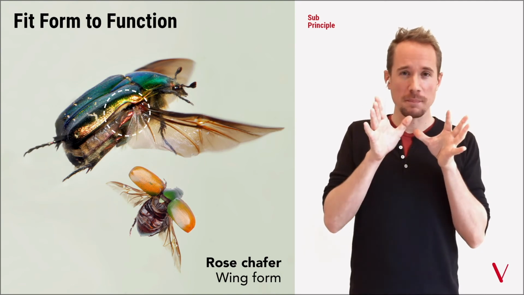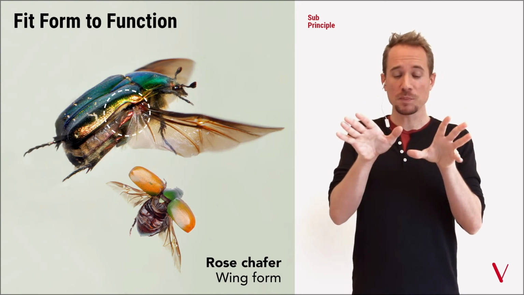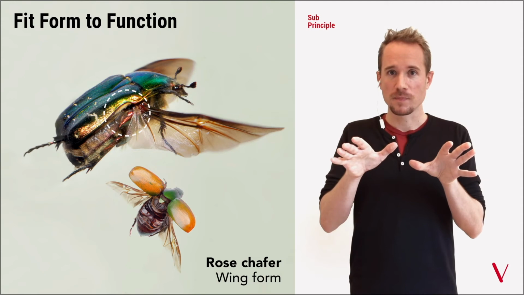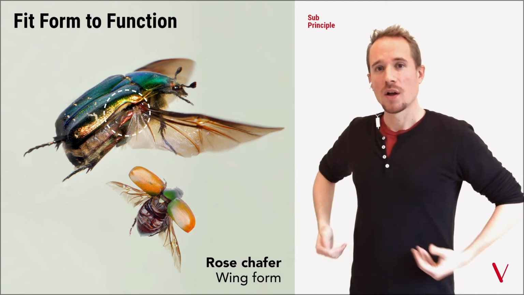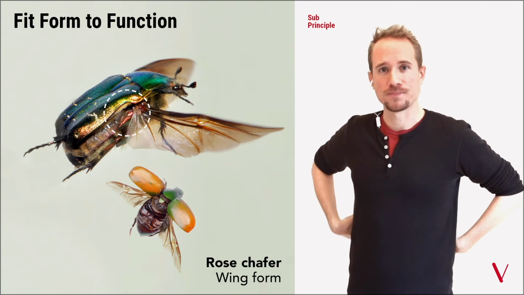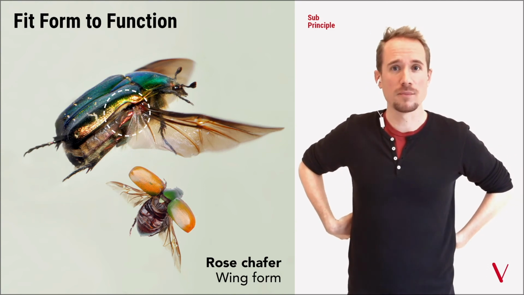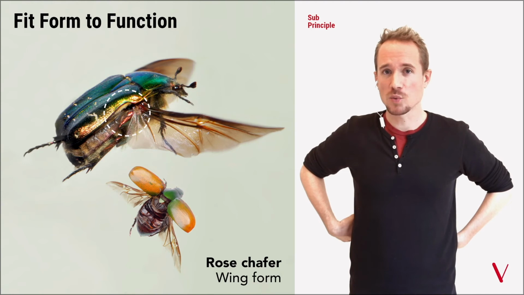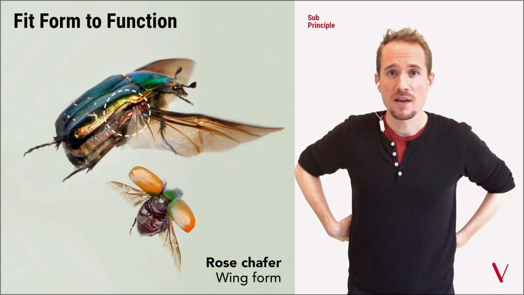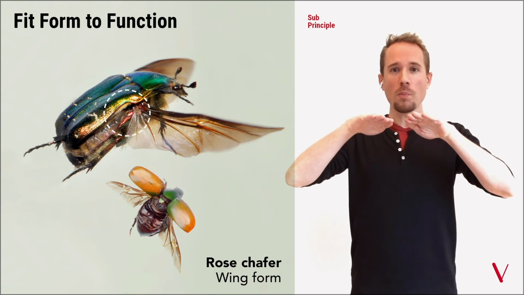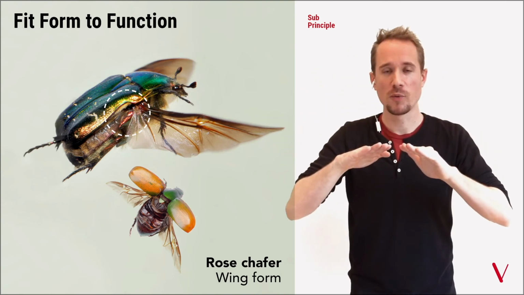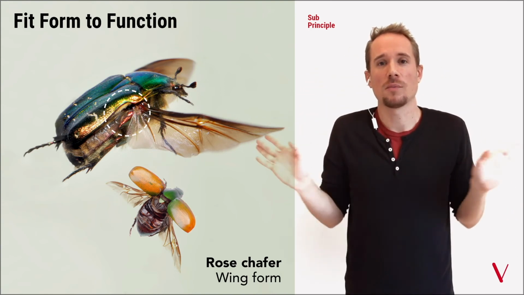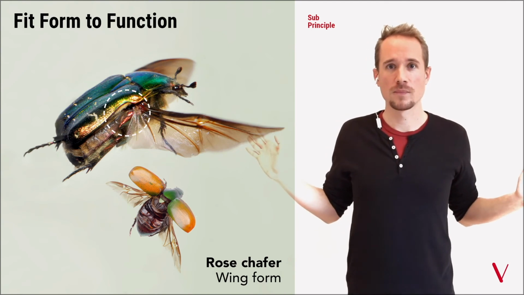But the special thing about beetles is that in most beetles, the first pair of wings has developed to a kind of protective armor, and they're not used for flying anymore. And most beetles, when they want to fly, need to open up their protective armor, and the second pair of wings underneath can now be used for flying.